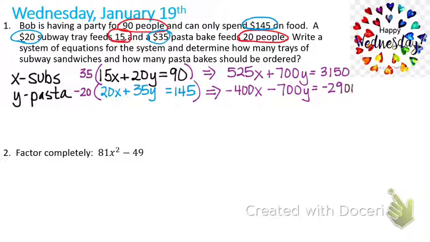So the reason why we have to do that is so that when we add, notice something, we have opposites, right? Do you see how we have the opposites? So when we add it together, this is going to cancel. The 700, the y variable cancels out. So use your calculator, add these together.